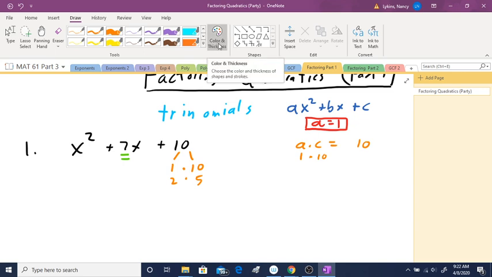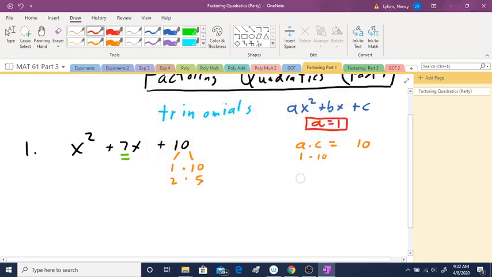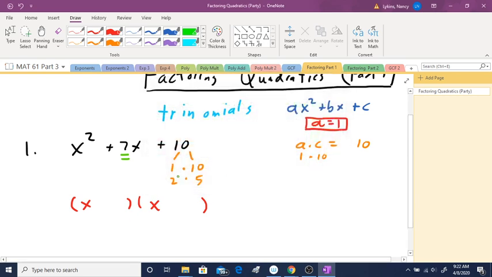So basically what we're doing is we're reversing the FOIL method. So our answer is going to look like something like this right here, and we need to fill in the rest of the blanks. What I know is, to get 7, 2 and 5 gives me 7 by adding them.